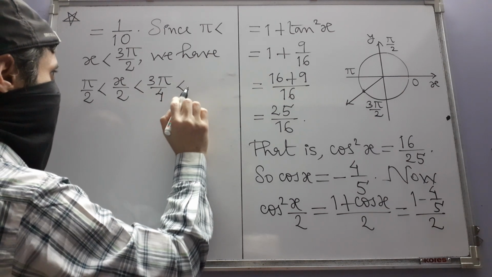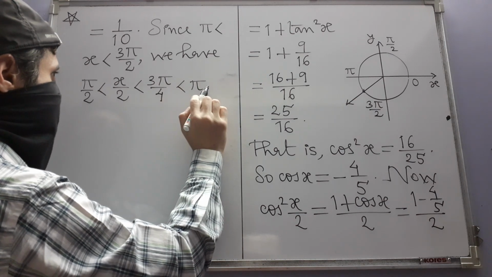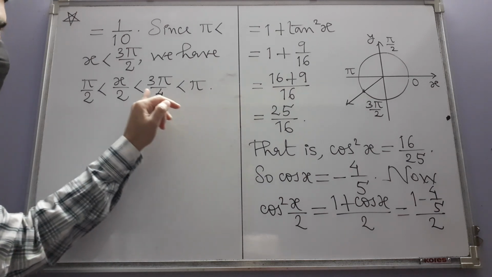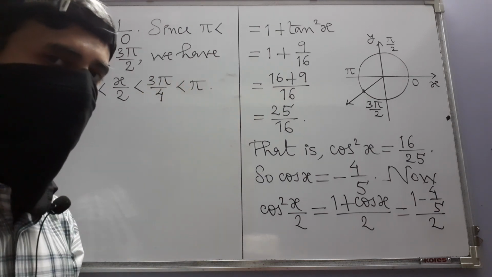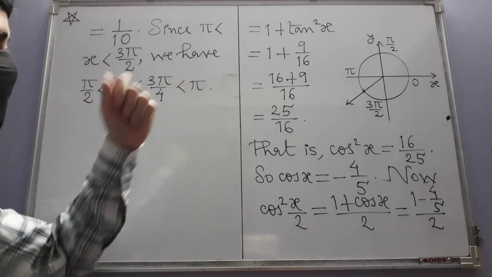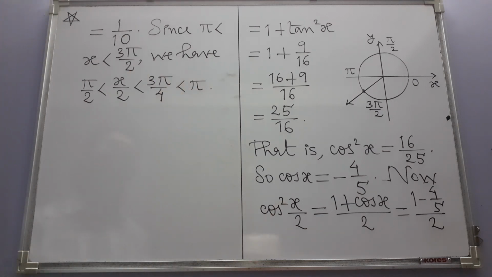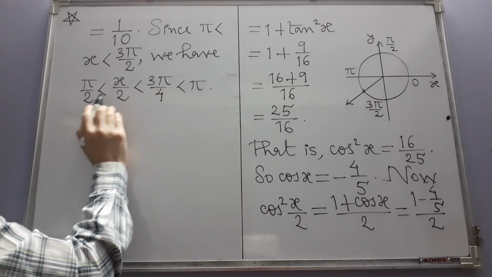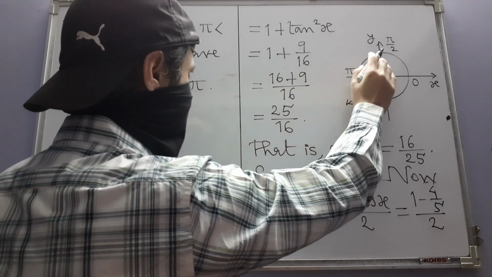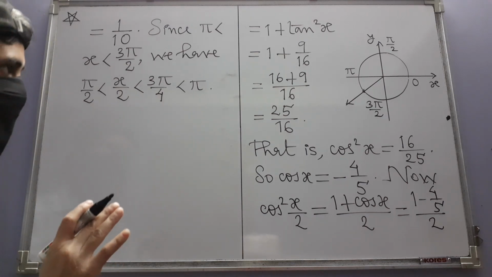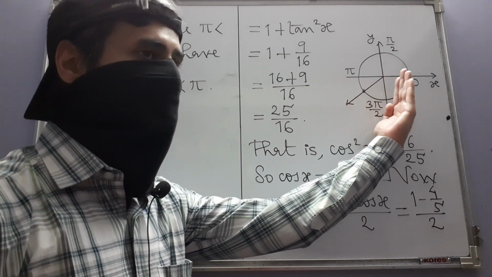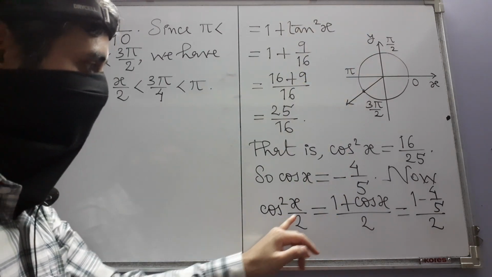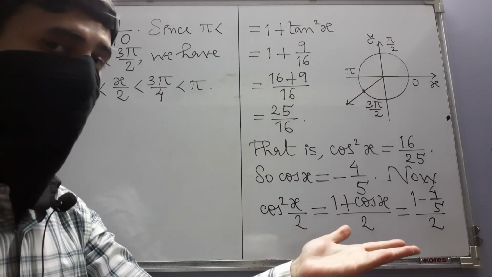And note that 3 pi divided by 4 is less than pi. Why? Because if you multiply both sides by 4, you get 3 pi less than 4 pi, which is true. So from there, you can get this inequality by dividing both sides by 4. So this angle x over 2 lies between pi over 2 and pi. That means it's in the second quadrant. In the second quadrant, cos is negative, but sine is positive. So that means now when you take square root, it will be negative.